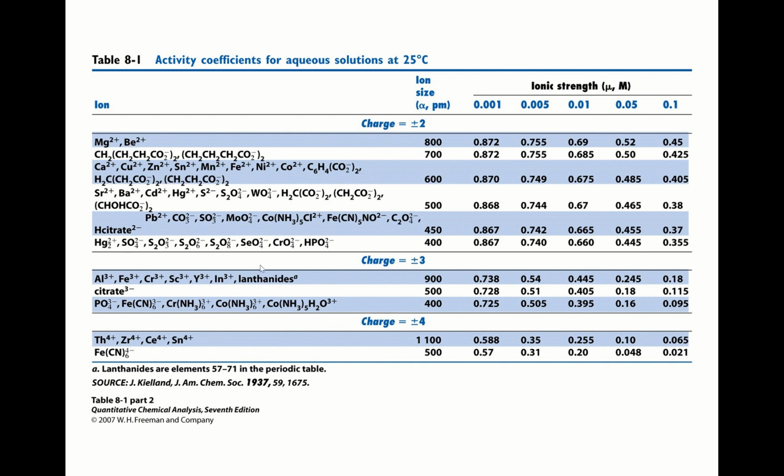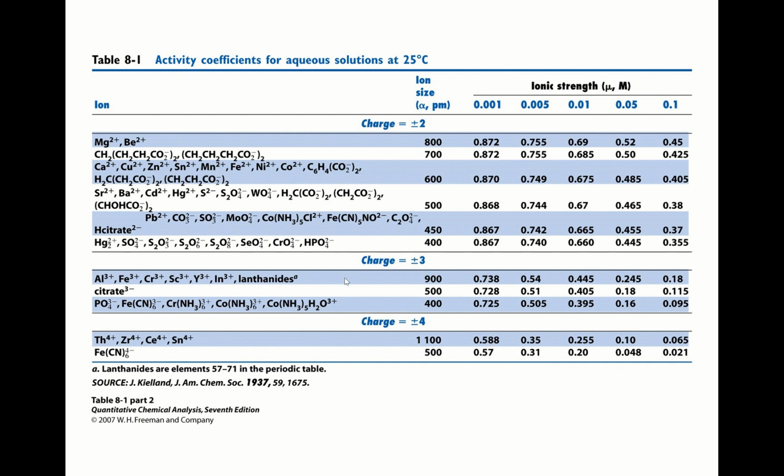So for the trivalent ions, the effect is much higher. At the same concentration, it is 0.738, much decreased. And in the extreme case, the tetravalent species, the effect is even higher.